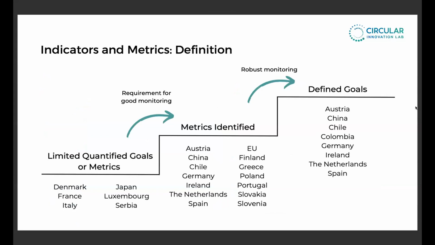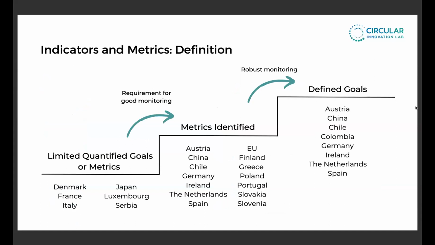If we also look at these sets of indicators and metrics in these countries, we can see that there are some countries that have very limited quantified goals and metrics. Then there are some, like Austria, China, Chile, Germany, Japan, that have metrics defined very well.